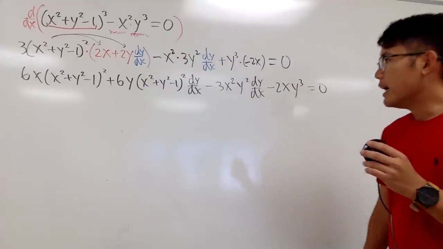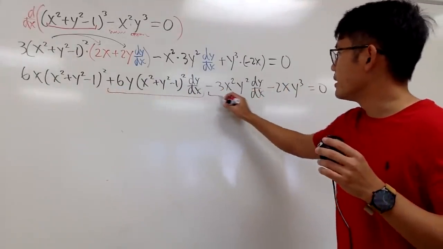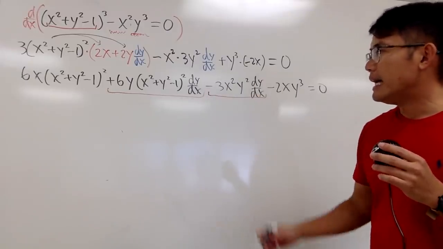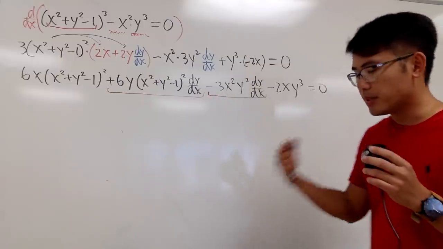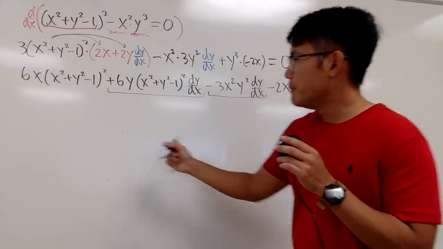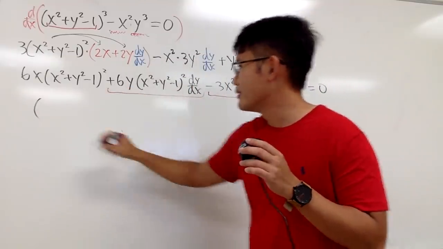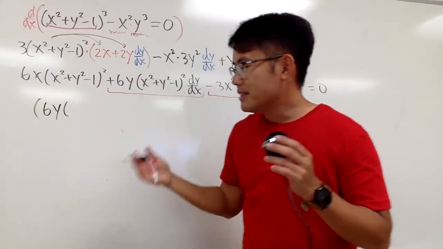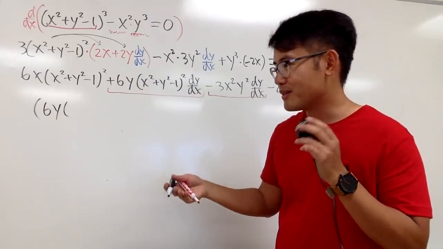And as always, you see that we pay attention to the terms that have dy dx, which is this and that. And I'm going to factor out the dy dx and put it at the end after the parentheses. So let me do this for you guys. I'll open the parentheses. I'll put this down. So just rewrite it. 6y. And you see, it's not a lot of work. It's just a lot of rewriting. Copy things down, right?